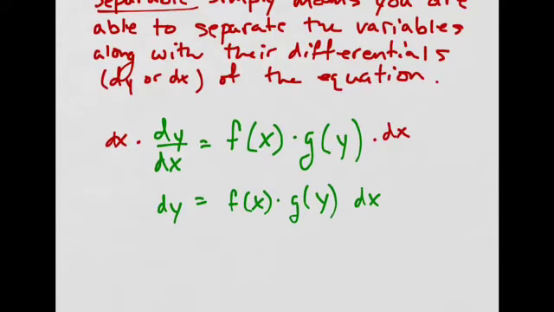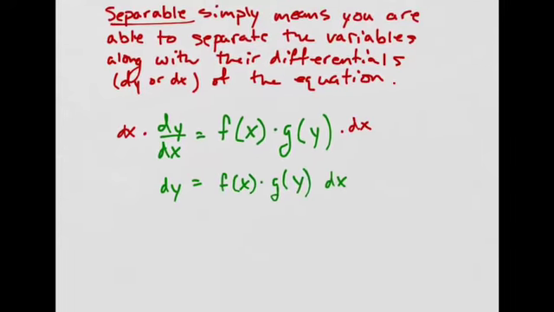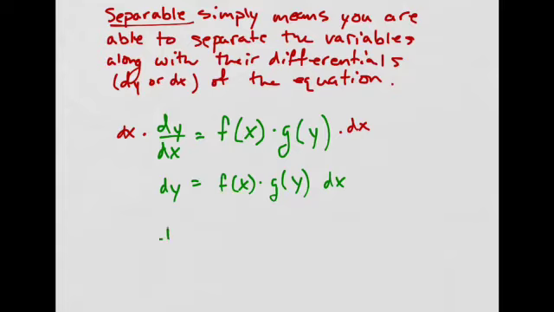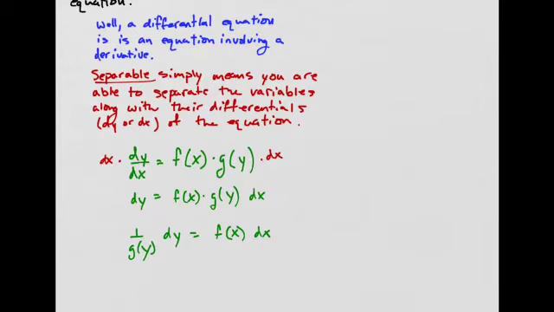Well, if I'm trying to separate the x's from the y's, I would divide by g of y. So I get 1 over some function involving y, and I have my dy equals f of x dx. Now I've separated my variables and my differentials. That's what it means to be a separable differential equation.